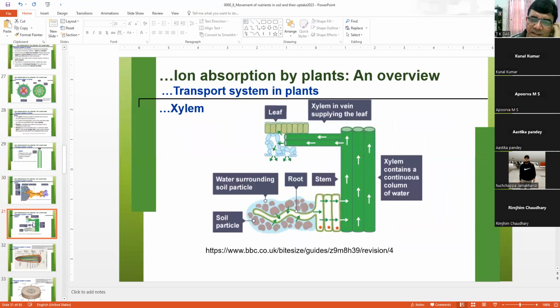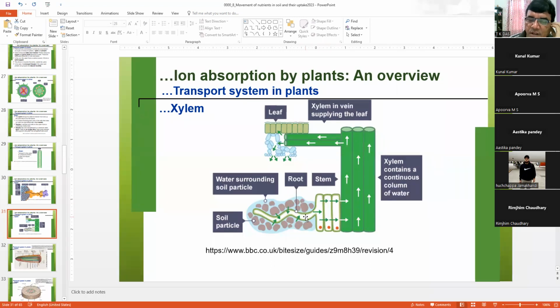Now you can see more clearly how the nutrients move from plant roots up to the leaf. These are soil particles. Here you have nutrients and water surrounding the soil particle, and then you have the root hair part, and nutrients are taken up and passed on from the root to the stem.